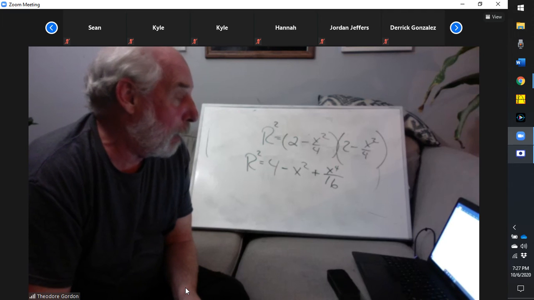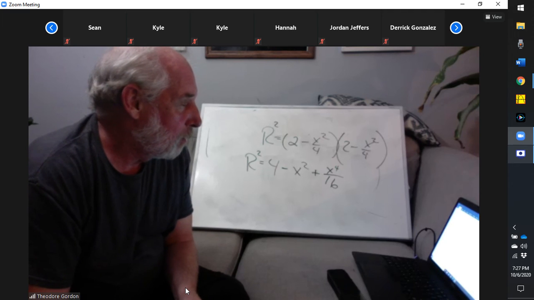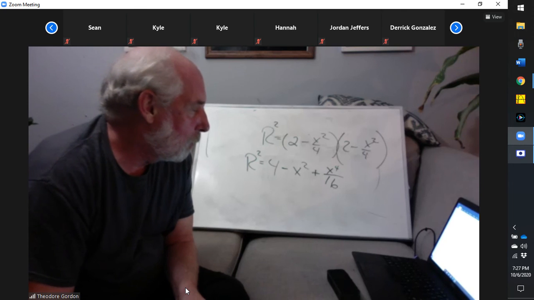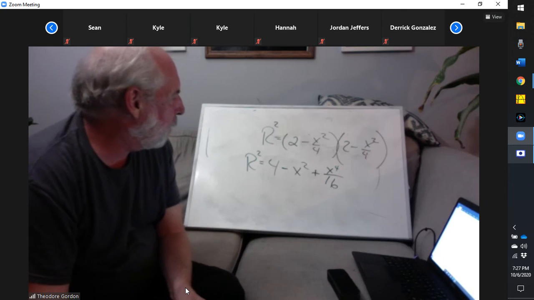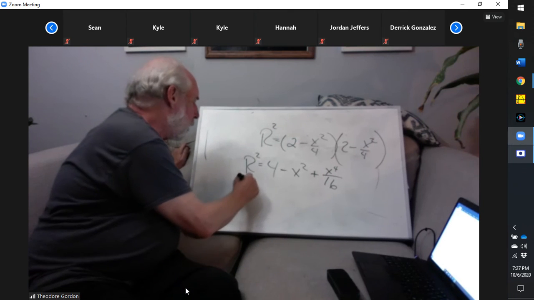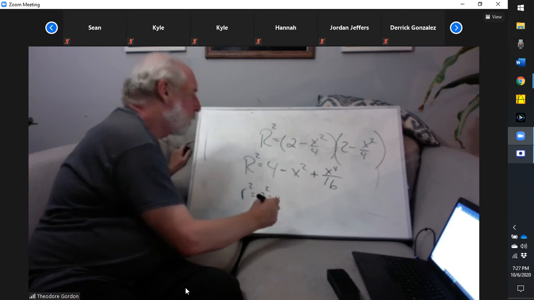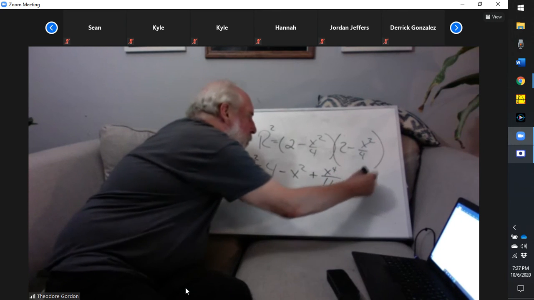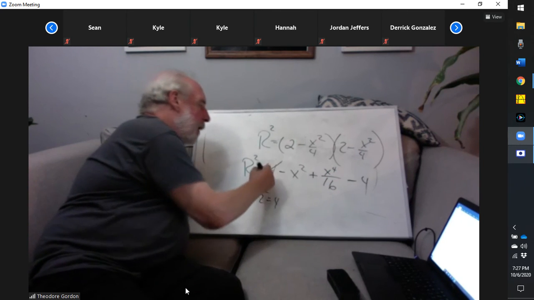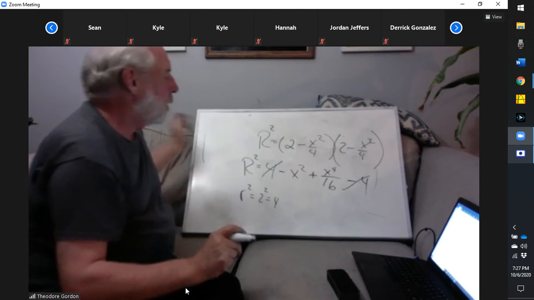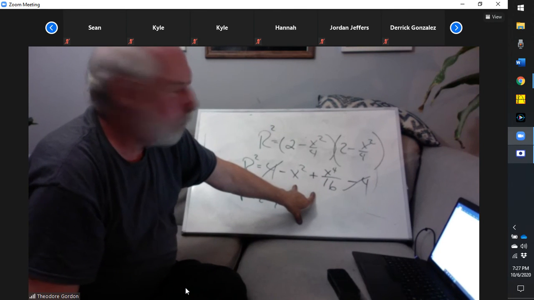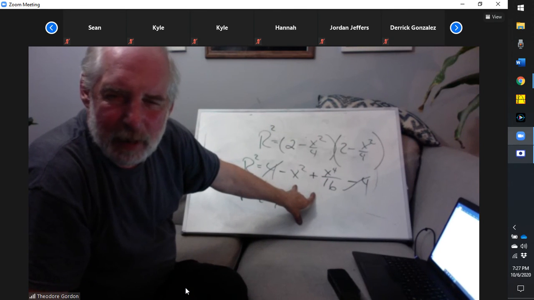Well, that can't happen. I don't think I made any mistakes anywhere. Oh, so little r squared is 2 squared, right? So that's 4, and so that would be minus 4 over here. And that's where these cancel out, and we're left with this integral. And it comes out to be negative?